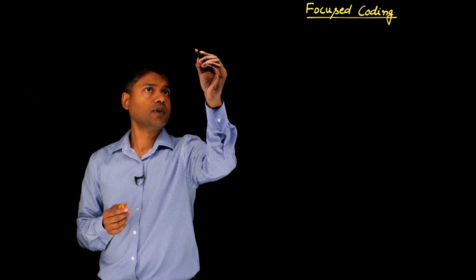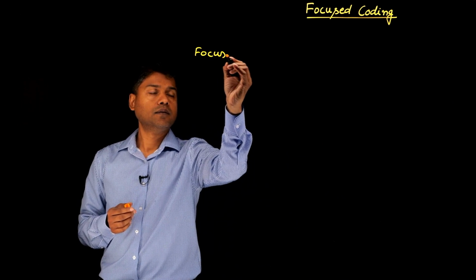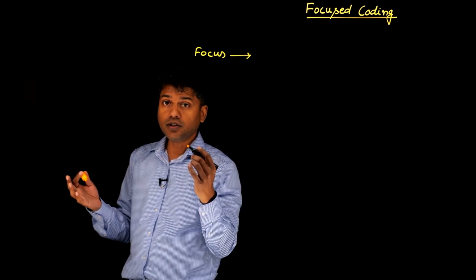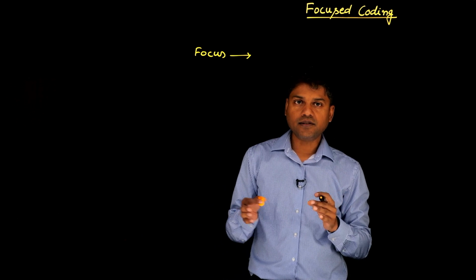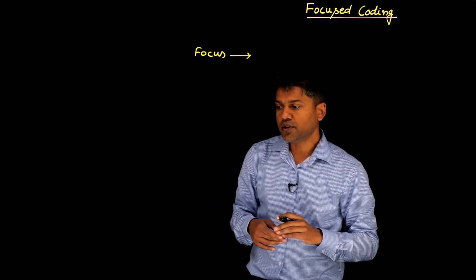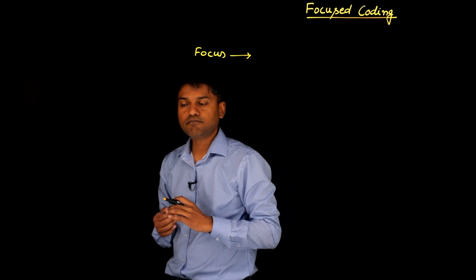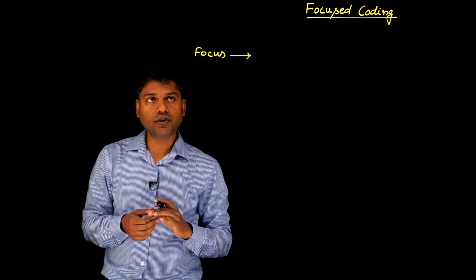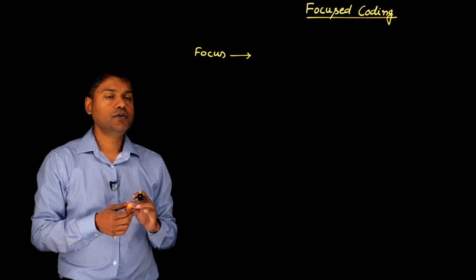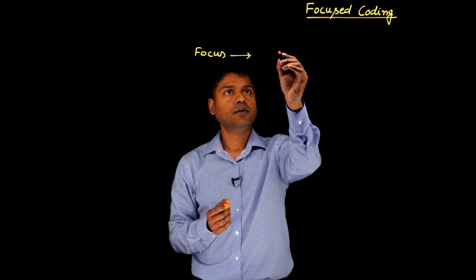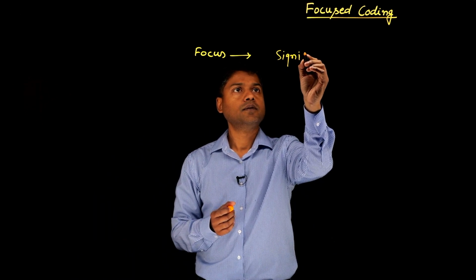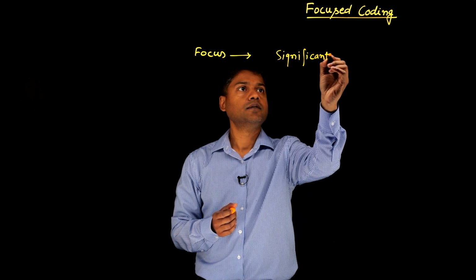So what we do, let's say you have your initial codes, your first cycle of coding strategies, you have, let's say, 20, 30 initial codes that you might get through open coding strategy. Now out of all those codes, you focus on significant codes.